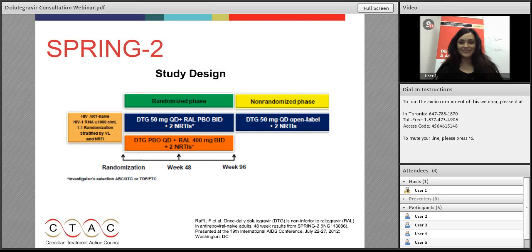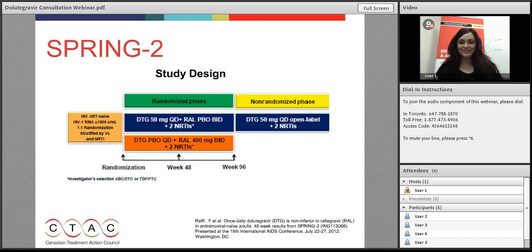The Spring 2 trial consisted of 830 HIV treatment-naive subjects, and the purpose of this study was also to test the non-inferiority of dolutegravir against raltegravir. Subjects were randomized either to the dolutegravir once-daily arm or raltegravir 400 milligrams twice-daily arm.